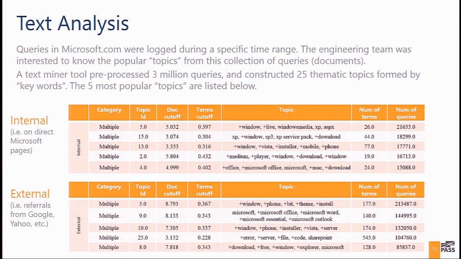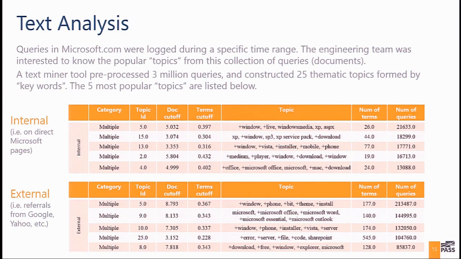Next one is topics and themes, right? Engineering was very interested in this because they wanted to know, I know customers are searching for all kinds of things. If you look at the cookie data, there's a wide variety of interests. But they wanted to see, okay, what's the top, say, 10 or 20 themes or topics?